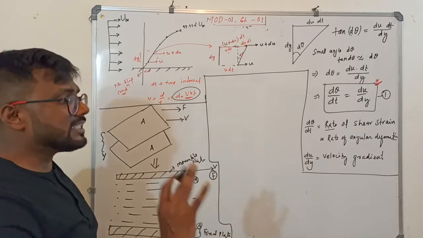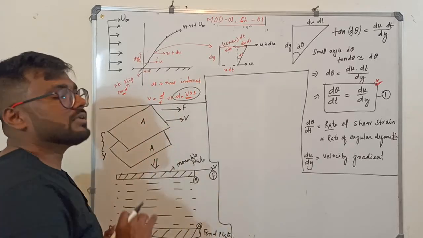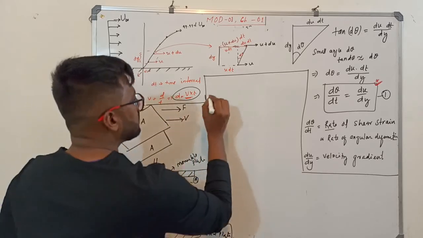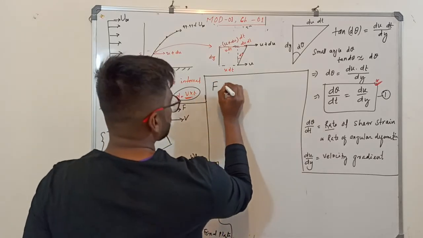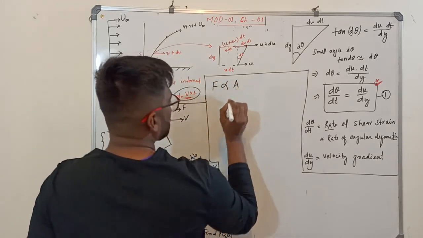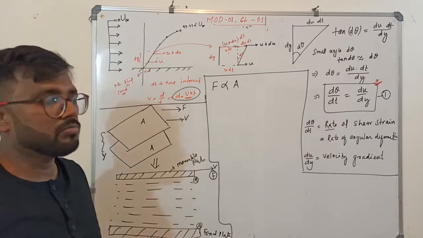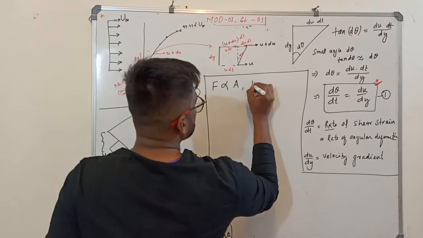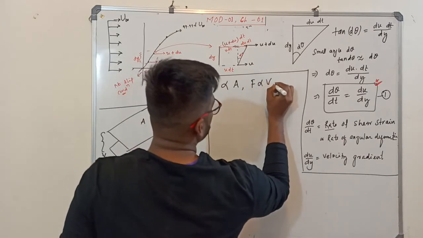So this is where your empirical relation comes in. They have conducted some experiments. From that, what you come to know is that the shear force is directly proportional to A. Okay, the more the area, the more the shear force applied. This shear force is also directly proportional to v.